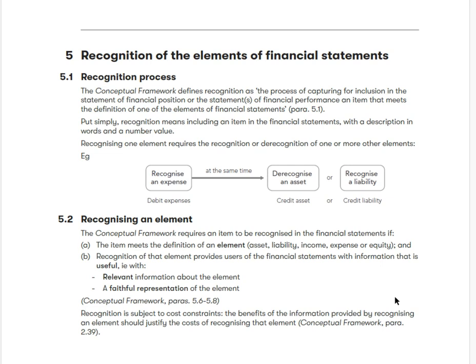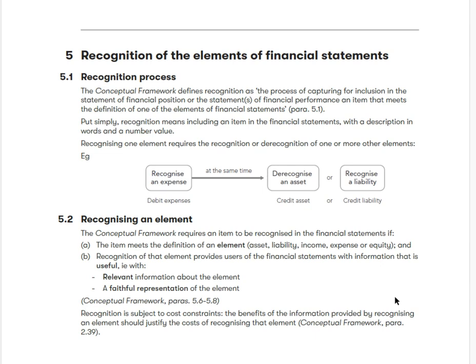Recognition process. The conceptual framework defines recognition as the process of capturing for inclusion in the statement of financial position or the statements of financial performance an item that meets the definition of one of the elements of financial statements.